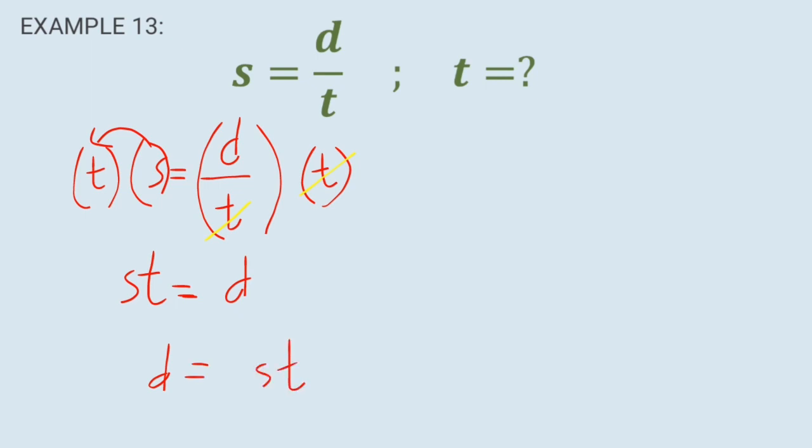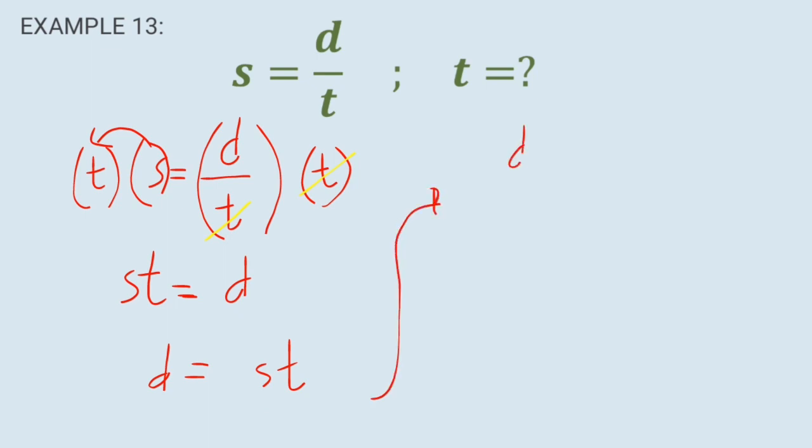Now, the question is, is this our final answer? Of course not. Take note that the intended variable is t, and what we have here is d. So what are we going to do next? Since t here is on the right hand side, we have to eliminate what is beside t. As you can see, we have s there, right?